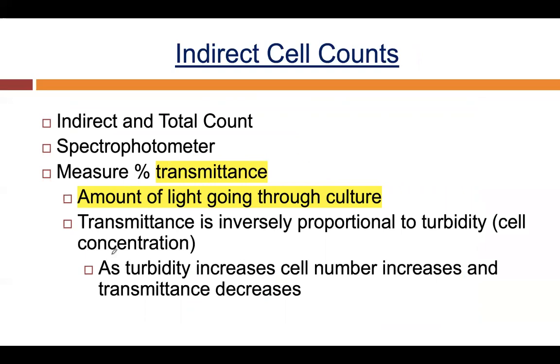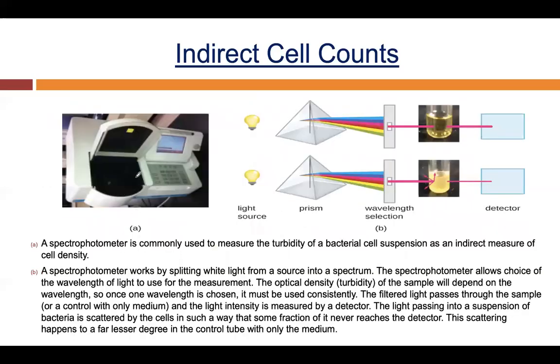Indirect total count is mostly based on the cloudiness, as I told. We do so by seeing the turbidity. We have a special machine called a spectrophotometer. We pass one special wavelength of light through the sample, and the detector counts how many light rays can pass through.